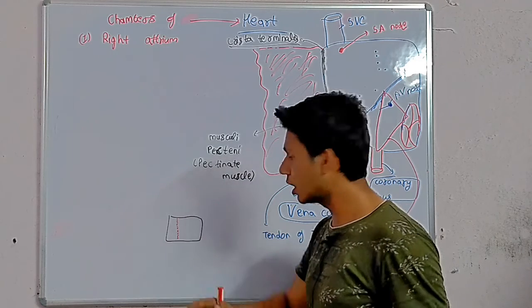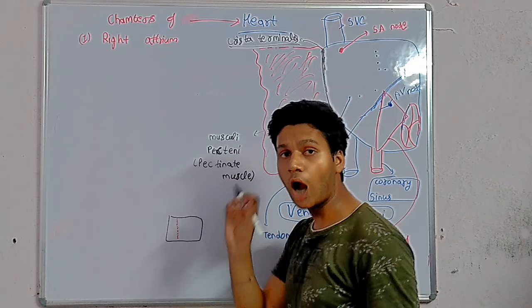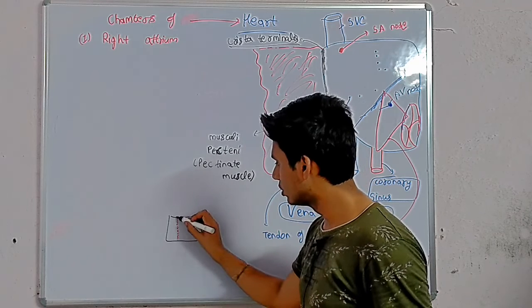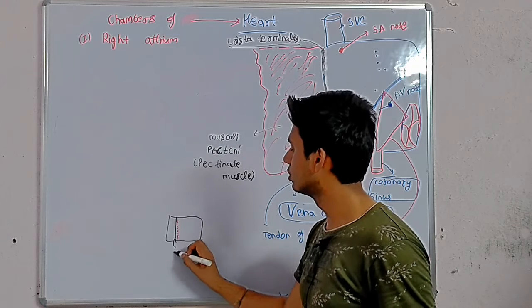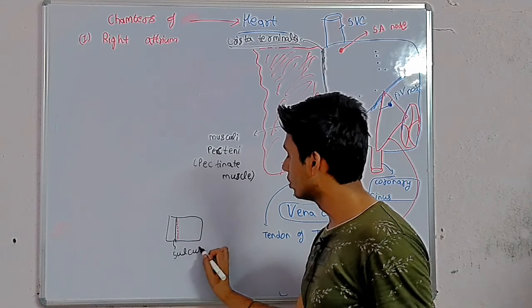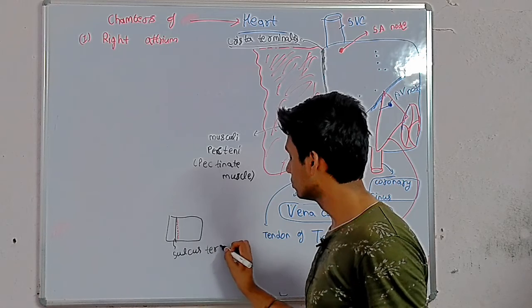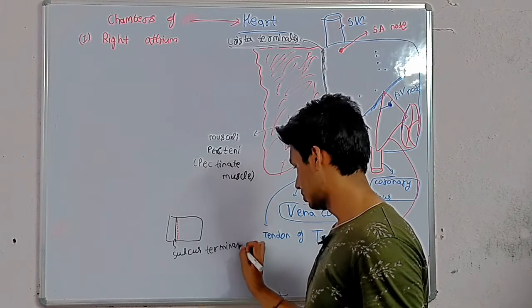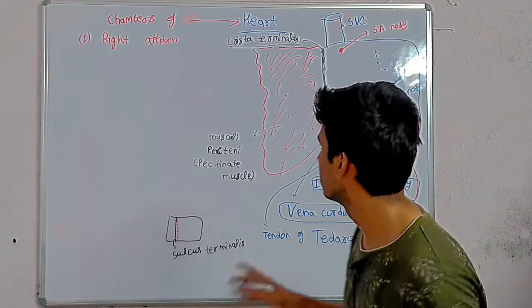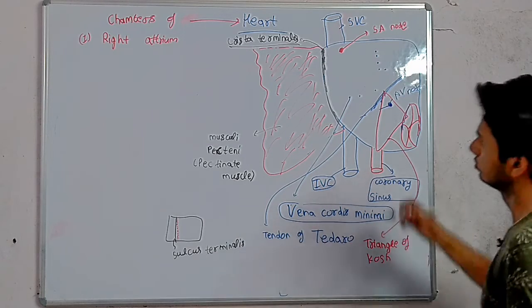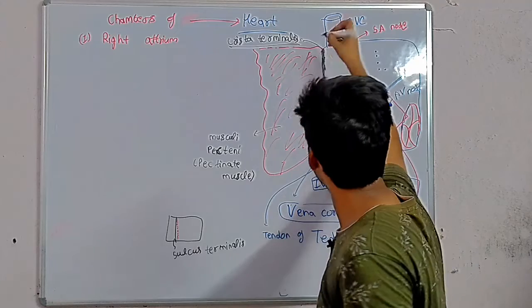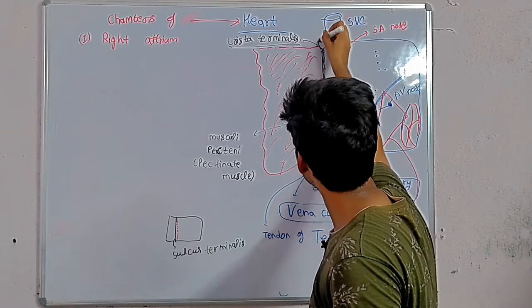Just outside the crista terminalis we find a ridge, and this is called the sulcus terminalis.